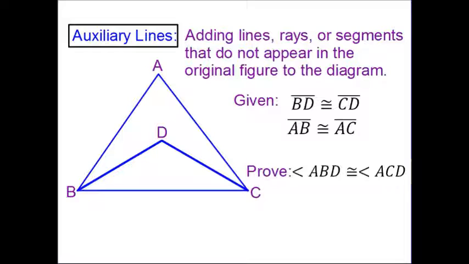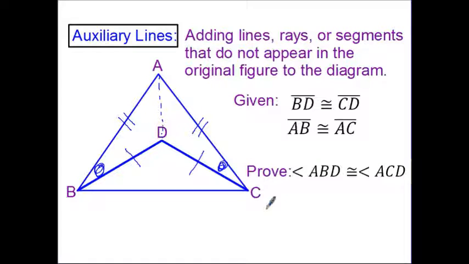In other words, if we're given the information that BD is congruent to CD and AB is congruent to AC, we want to prove these angles down here are congruent. Well, we don't have any triangles to go off of, so an auxiliary line would need to be drawn.